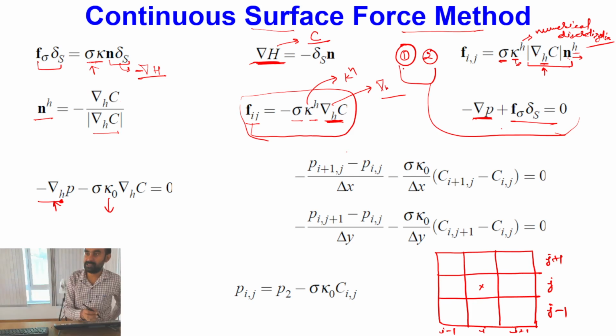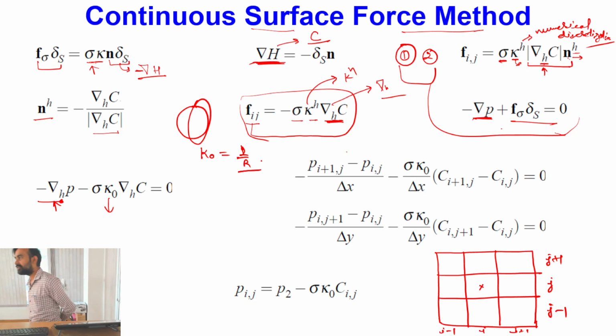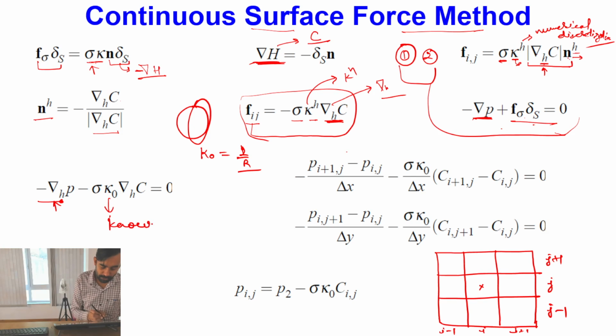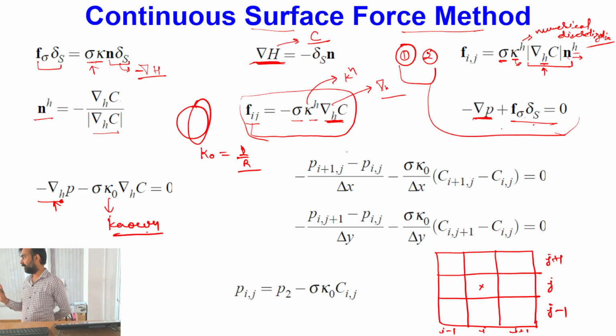Is this point clear? Because the radius of a spherical bubble is fixed in both the principal directions. If the radius is fixed, then its mean principal curvature will simply equal 2 by r. All are clear with this point? So that is fixed. That's why when I am doing the substitution for surface tension force, I write it as kappa naught. I need not calculate it numerically. It is simply a known parameter to me. All are clear with this point? Anyone having any doubt?